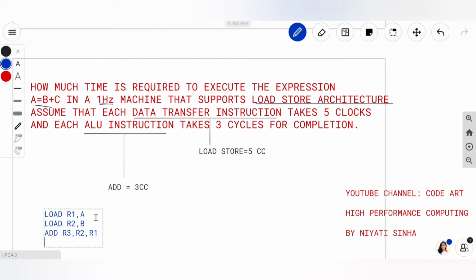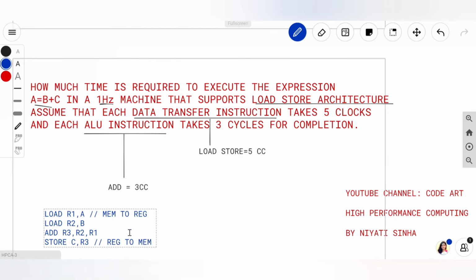Then I'll store this result R3 in memory location C. Load takes the memory content and stores it in a register, memory to register, whereas store does register to memory. Whatever is in the register, it will store to the memory.